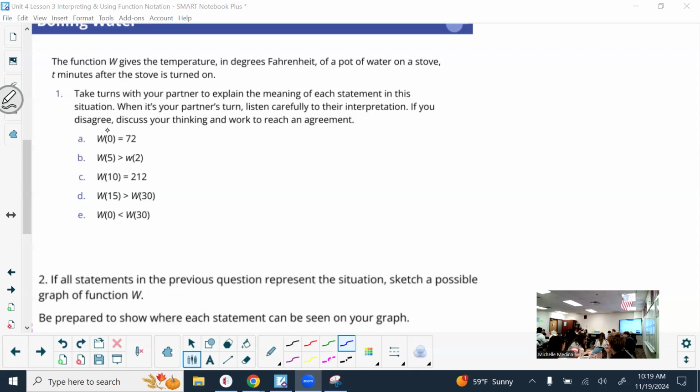Okay, good. 0 minutes, 72 degrees Fahrenheit. So when you're making your statement, you should probably mention both. All right, this basically says that, and you can say it a few different ways, but at 0 minutes, the temperature of the water was 72 degrees Fahrenheit.